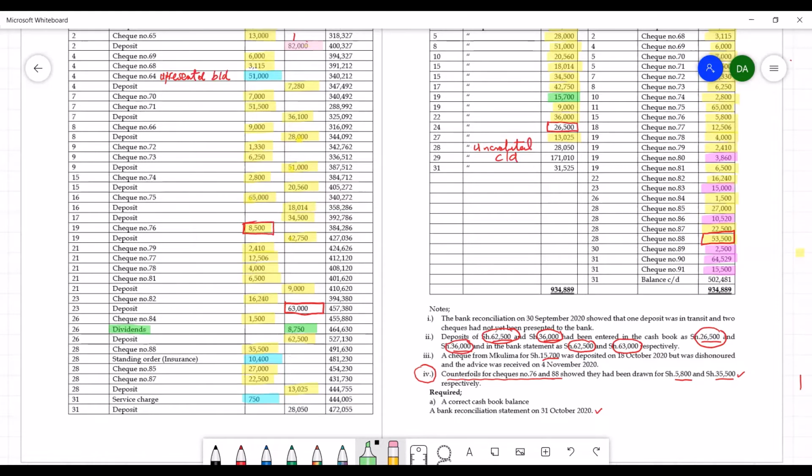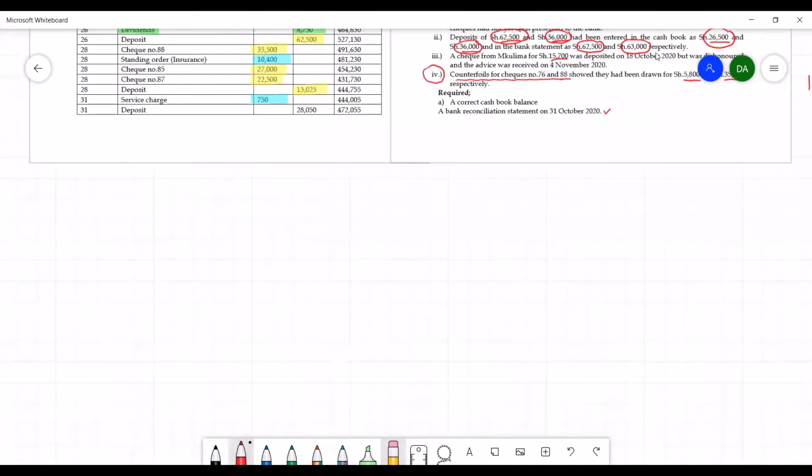Now, having analyzed this, we can go ahead and prepare the adjusted cash book for the business as follows.